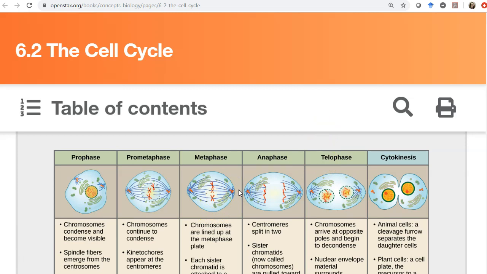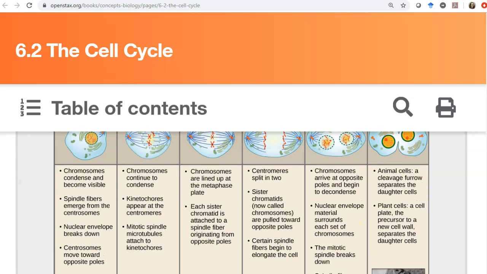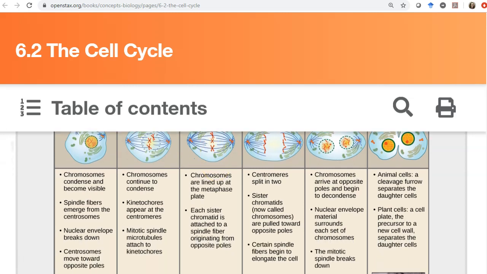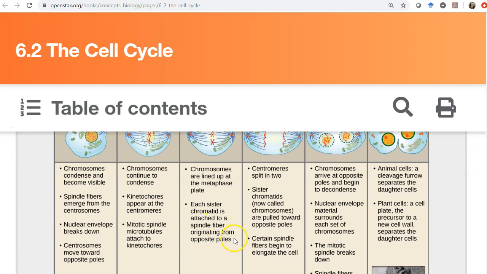It's not just happening without any chemical reaction behind it. So here in metaphase, I like to call metaphase "meet-a-phase," right? Because the chromosomes are meeting at the equatorial plate, right in the middle of the cell. And right now, we're talking about how these are sister chromatids, right? These are copies of the chromosomes.